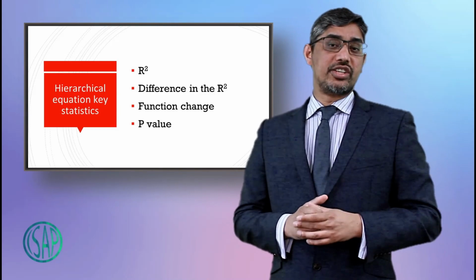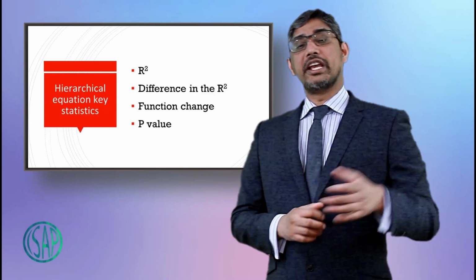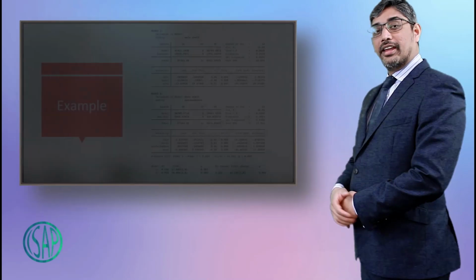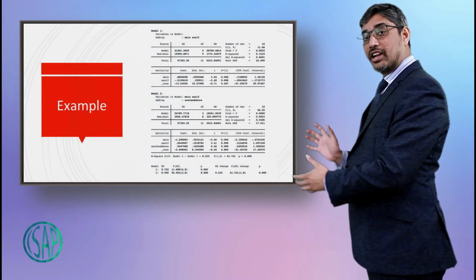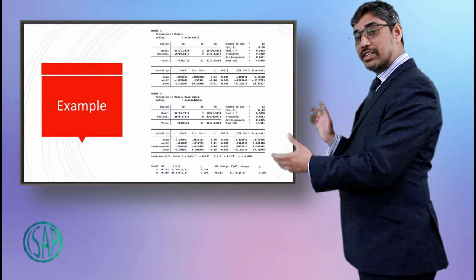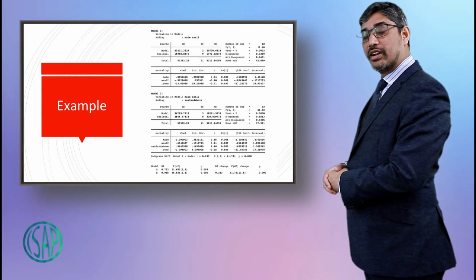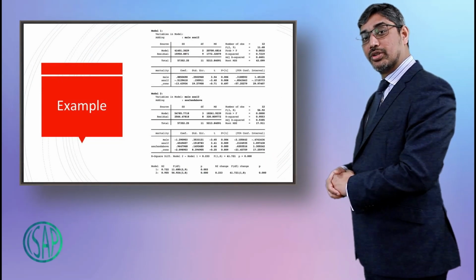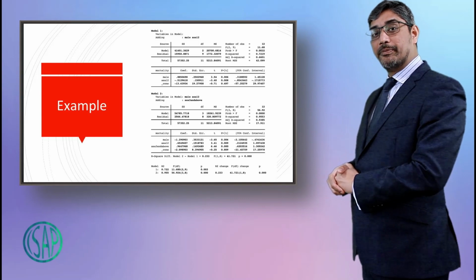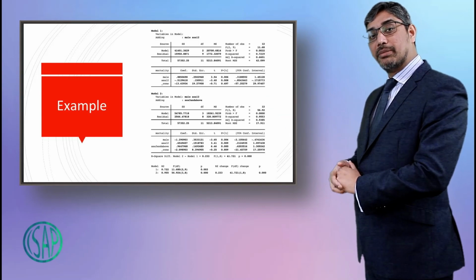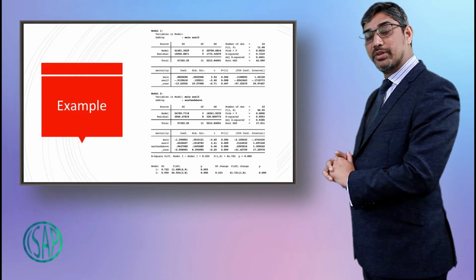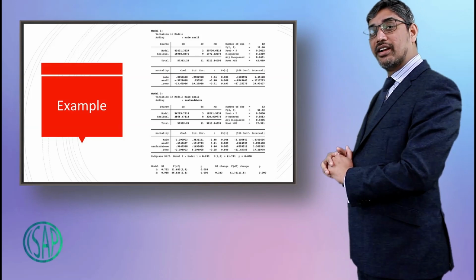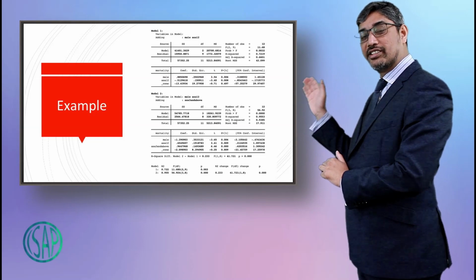It's not R square change. So I'll give you an example data set. Here is an example of F change. There are two equations here. You can see model 1 on the top and model 2 on the bottom. The dependent outcome is mortality, and the independent variables in the model 1 equation are male gender and lower ASA, ASA1 and ASA2.